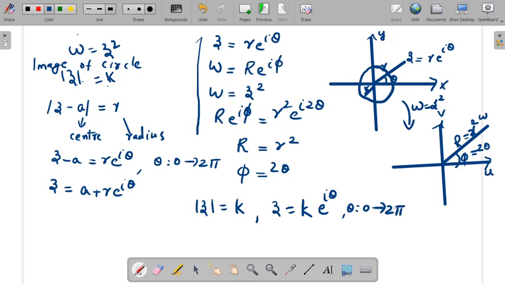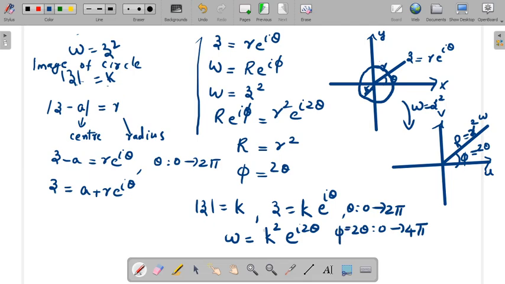ഓക്കെ, ഇനി അങ്ങനെയാണെന്ന് വെച്ച് കഴിഞ്ഞാൽ w എന്തായിരിക്കും? നമ്മൾ പറഞ്ഞത് r square e raised to i 2 theta. So this will be equal to k square e raised to i 2 theta എന്ന് കിട്ടും. റൈറ്റ്, theta 0 തൊട്ട് 2π വരെ വേരി ചെയ്യുമ്പോൾ 2 theta will vary from 0 to 4π. ഫൈൻ. ഈ 2 theta-യെയാണ് നമ്മൾ phi എന്ന് റെപ്രസെന്റ് ചെയ്തിരിക്കുന്നത്.